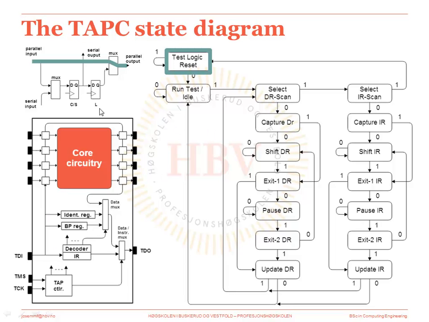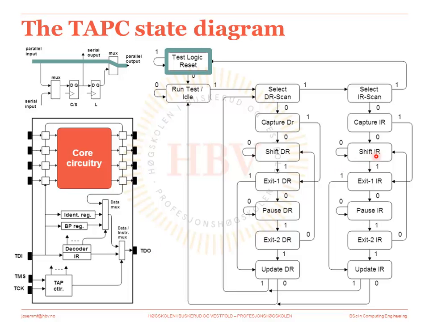You may recall that what we have to do to start with is to drive an appropriate sequence of ones and zeros to TMS, so that we set this multiplexer in such a way that we are able to shift in the first instruction.